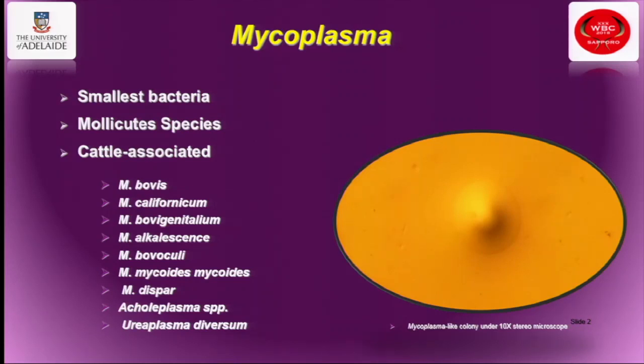There are more than 200 species of mycoplasma yet discovered. Some of them are saprophytic and others are pathogenic. Of these pathogenic mycoplasmas, there are several cattle-associated species, like bovis, californicum, bovigenitalium, alkalescens, bovoculi, Mycoides subspecies mycoides, dispar, Acholeplasma, and Ureaplasma diversum.